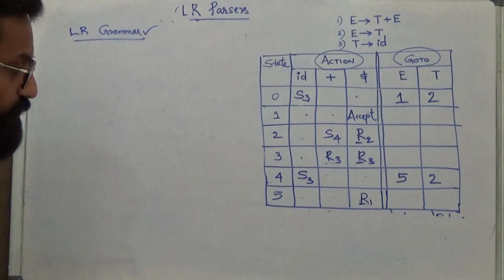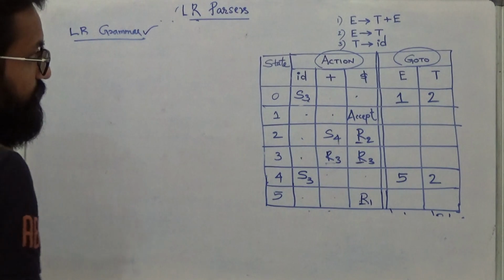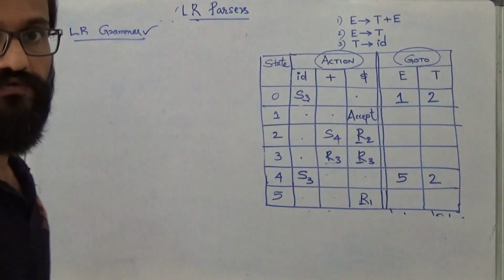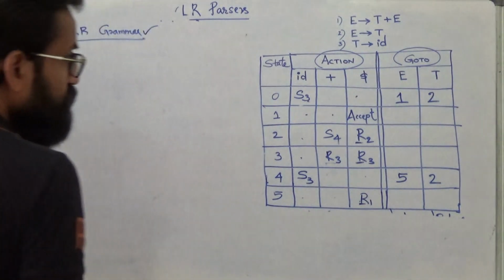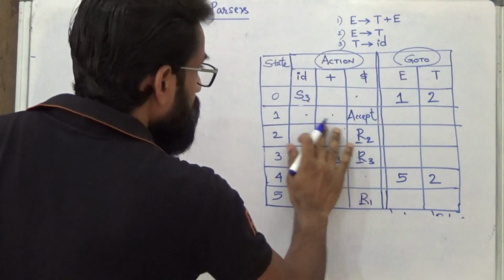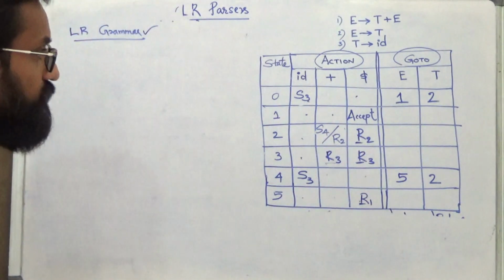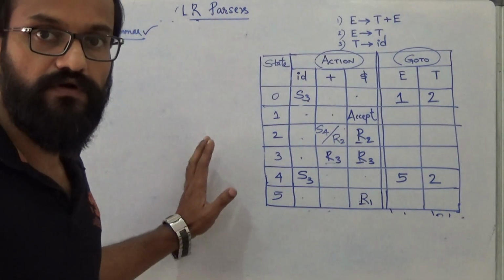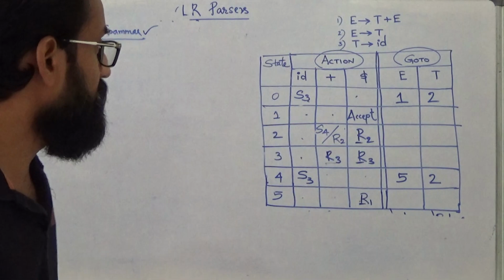A CFG is said to be LR if the parsing table corresponding to that grammar is having unique entries. So assume that this parsing table is having multiple entries, S4 and let it be R2 here. If you are having two entries in a particular location, then you cannot call this grammar LR because this entry is not unique.